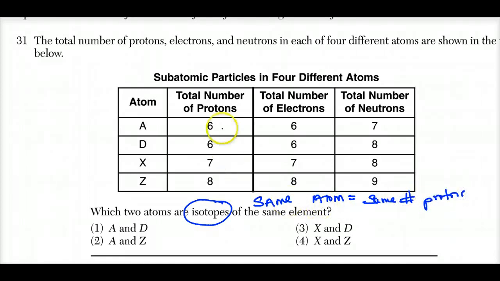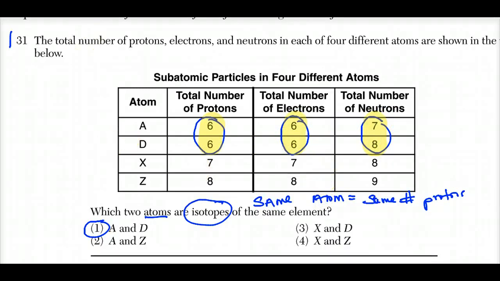So I'm looking for the same number of protons, okay, same number of electrons, because it is an atom, which we should learn is neutral, okay, but different number of neutrons. So A and D are going to be your answers. These guys have same protons, same electrons, that's why it's an atom, it's neutral, but different number of neutrons.